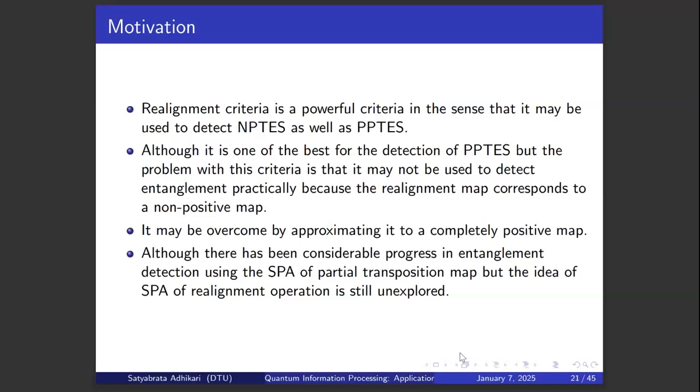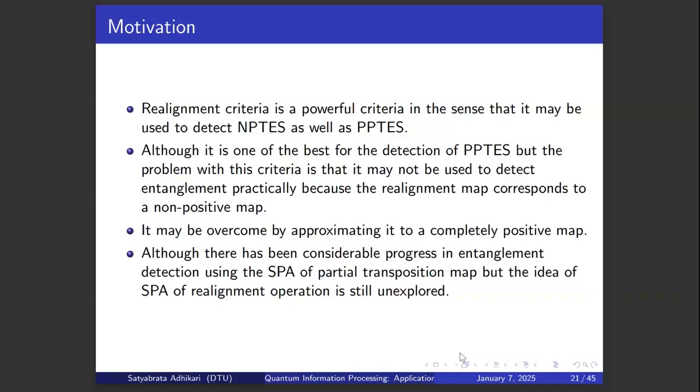if you take the partial transposition of the density matrix, then you will get all eigenvalues positive, but the converse is not true. Okay, so there are entangled states whose partial transposition is positive but the state is still entangled. This type of entangled state is known as a positive partial transpose entangled state.